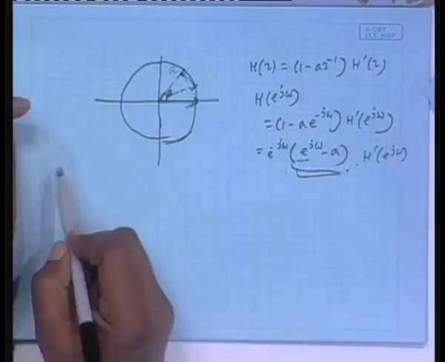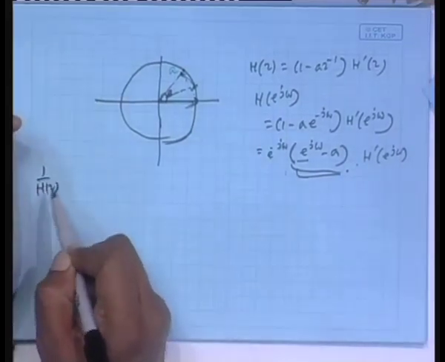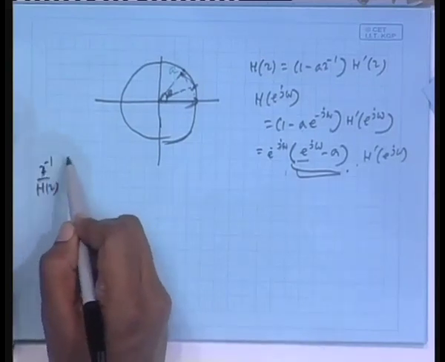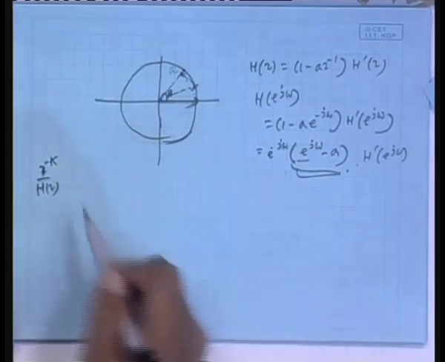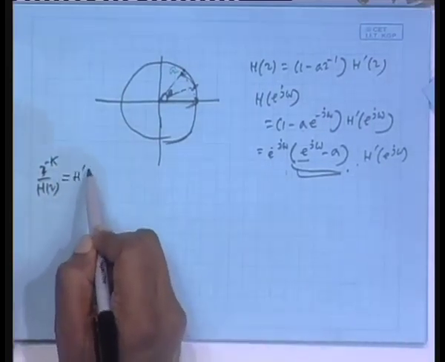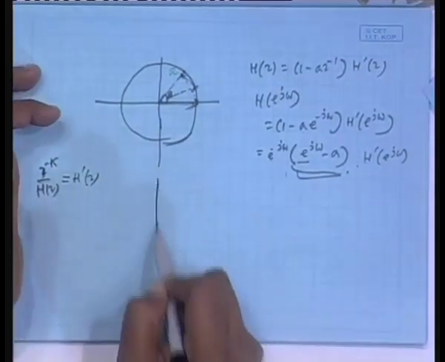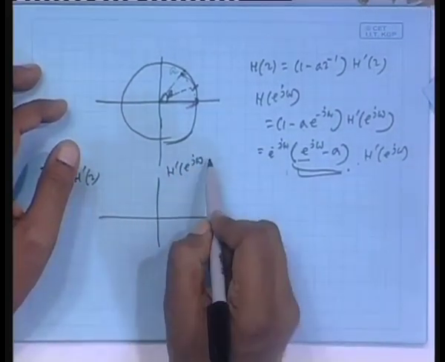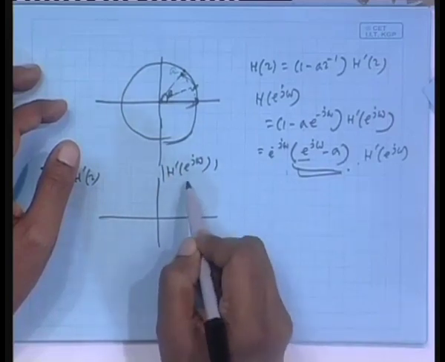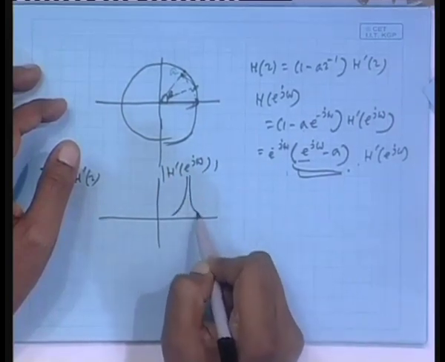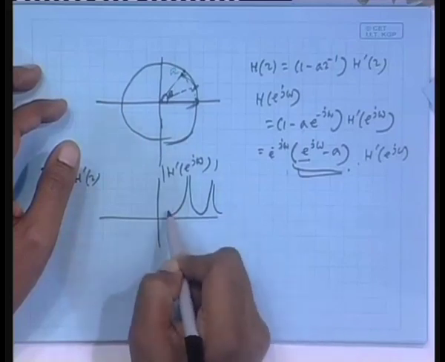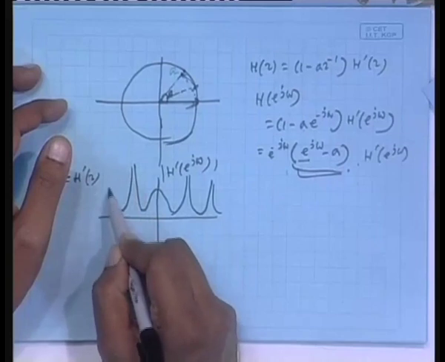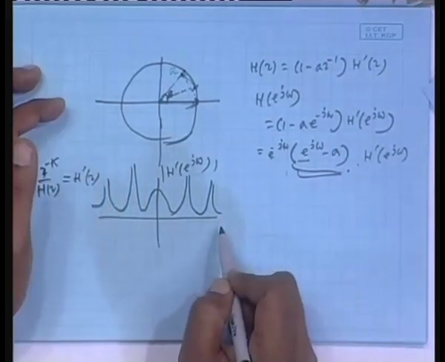So, that means 1 by H(z) into z to the power minus some constant k. If you call it say H prime(z), this will have peaks like this.